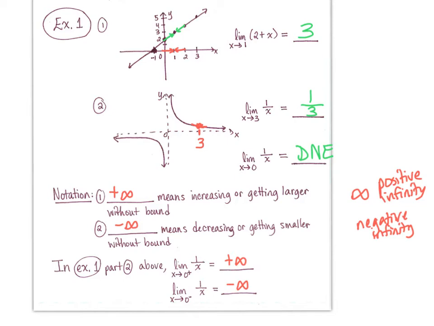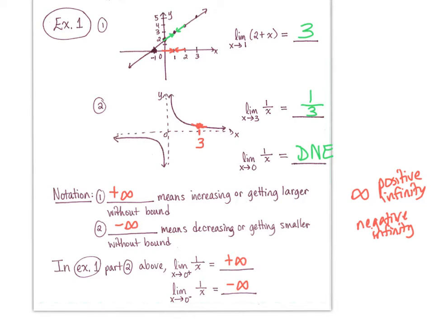Your book explains it by setting up a table, taking values close to that number on the left and right, to see the pattern that the numbers are getting closer and closer to that one specific value, which we're going to talk about in the next example. But yes. What other questions do you have?